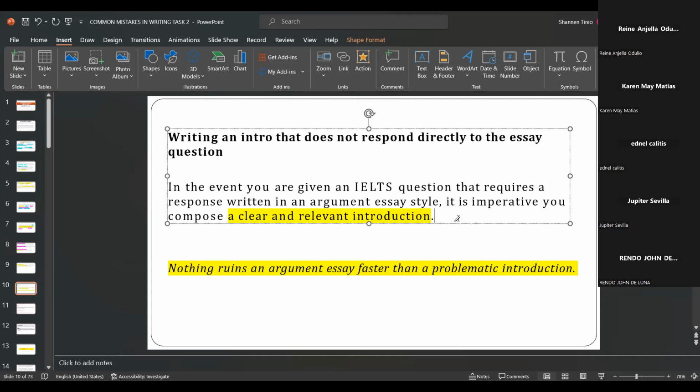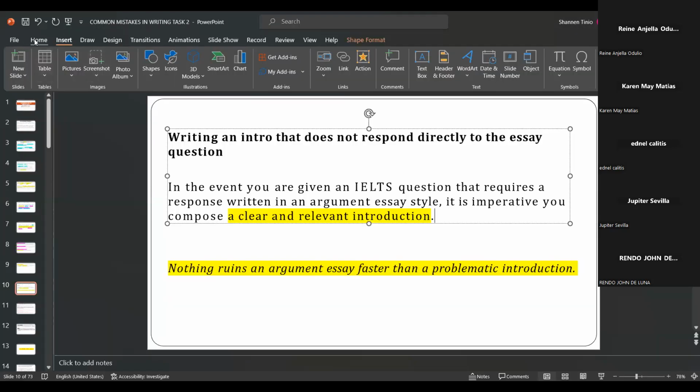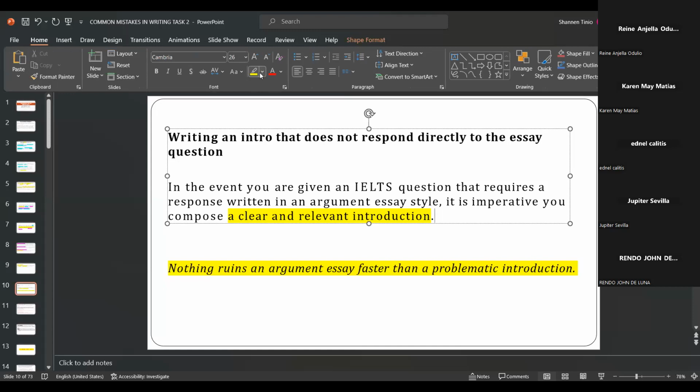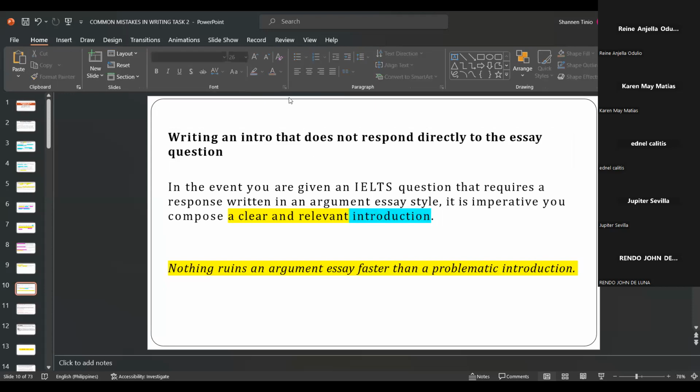Introduction, from the word introduction, the root here is introduce. Introduce, okay? Ibig sabihin, you're trying to introduce the topic or the discussion, the subject of the discussion, okay?